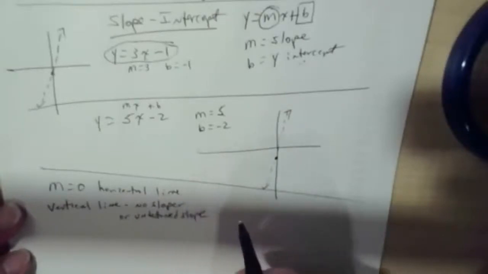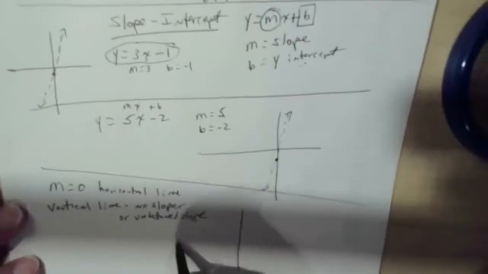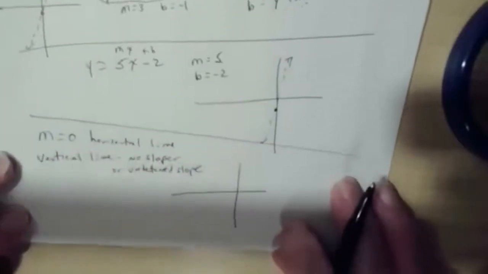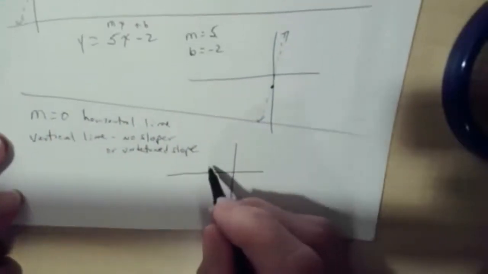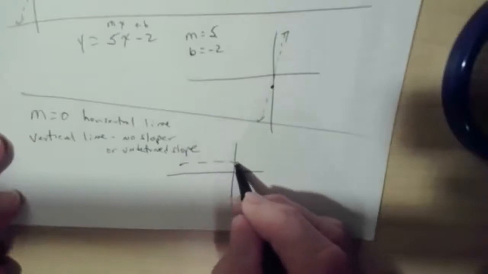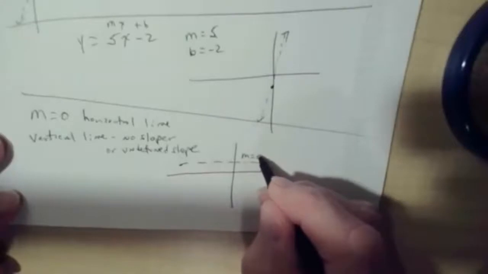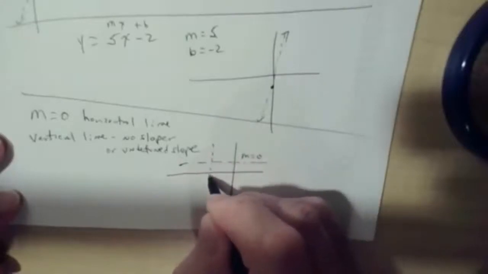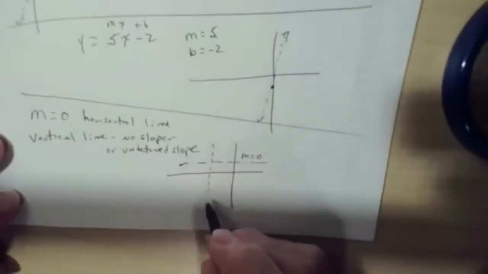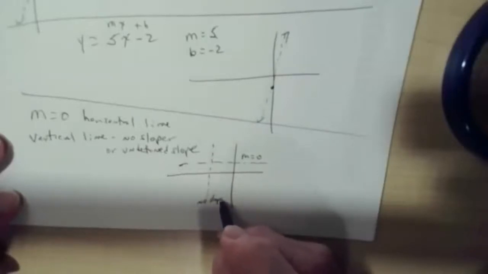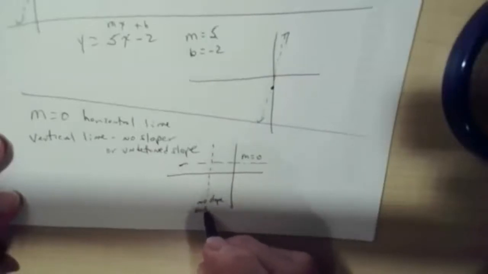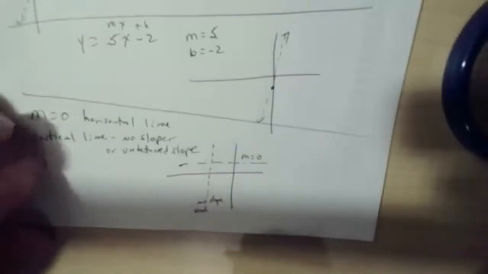And again, if you have a coordinate plane, the slope of 0 looks like this. And this is no slope or undefined.